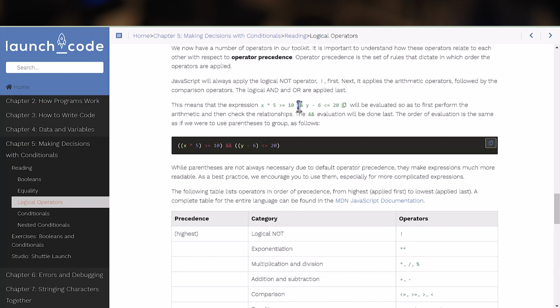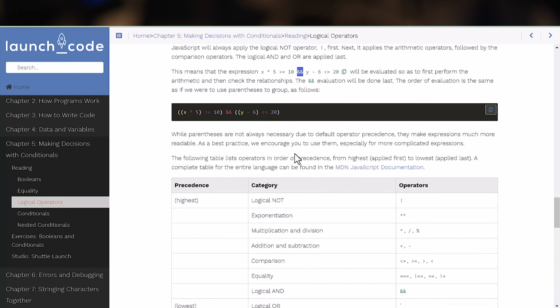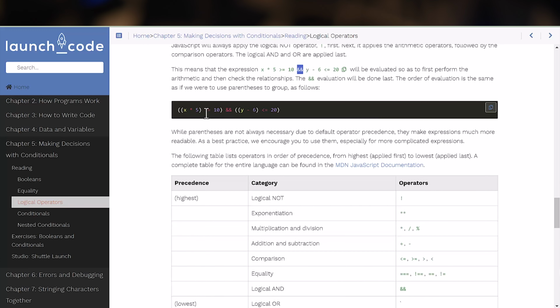This means that the expression x times 5 greater than or equal to 10 and y minus 6 less than or equal to 20 will be evaluated as follows: first perform the arithmetic, and then check the relationship. The and evaluation will be done last.